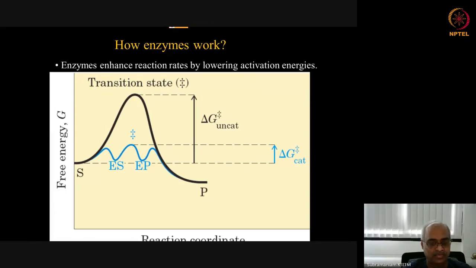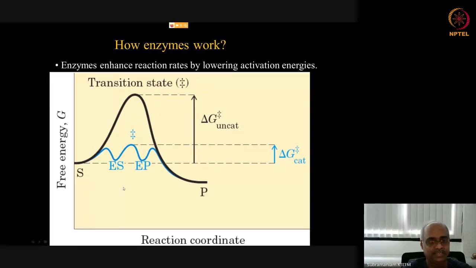Normally, that's not enough to answer. If someone asks you how enzymes work, you can say they reduce the activation energy, but then you need to also answer how they reduce the activation energy. So that we will go into next, but right now let us focus on this reaction coordinate diagram. What you find is that this peak is reduced, but it is not reduced into one small peak.